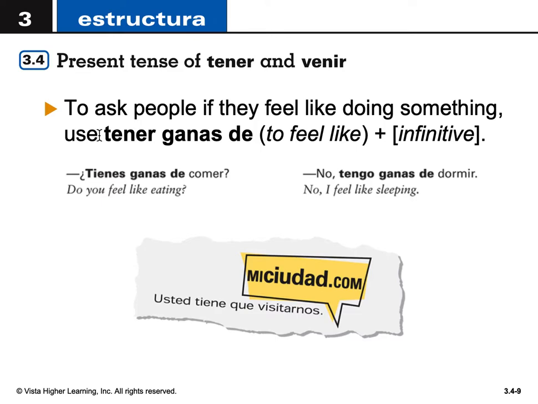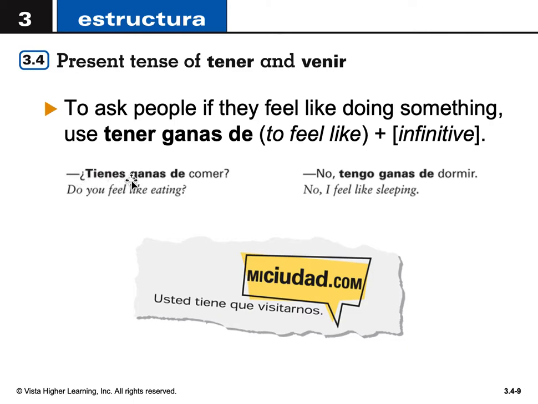And so you'll use tener ganas de, of course, conjugating tener, and then an infinitive after that, and that will express to feel like doing something. Like this. ¿Tienes ganas de comer? Do you feel like eating? And this is kind of hard to look at and literally translate because it doesn't really work that way.